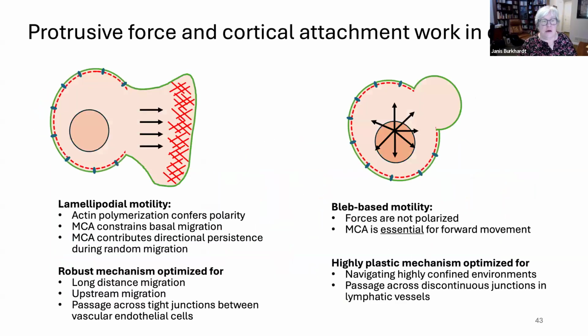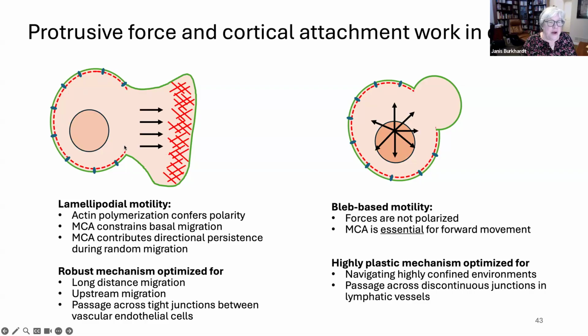So that really leaves us in this kind of a situation where we've got this lamellipodial mode of motility. In this mode, the reason the cells can do just fine is because the actin protrusive force has a polarity to it. It's a stochastic polarity, but it's a polarity. So these cells can go if you take away membrane cortex attachment.